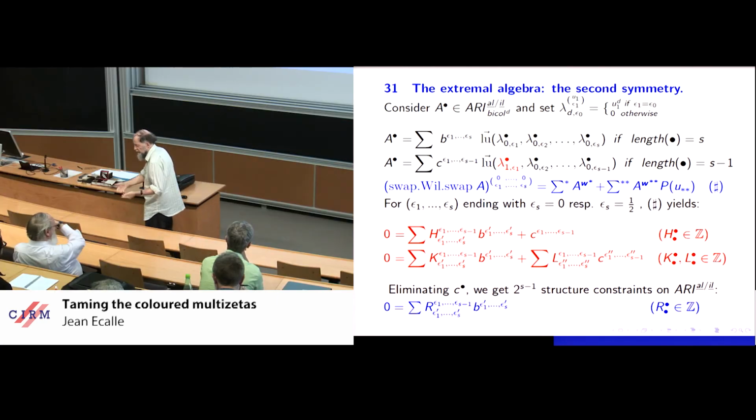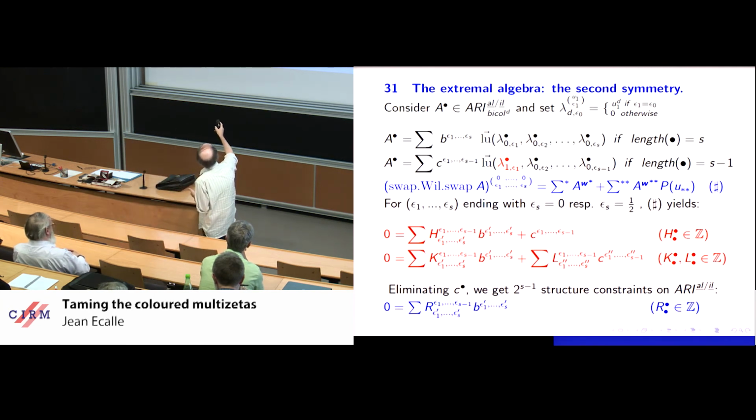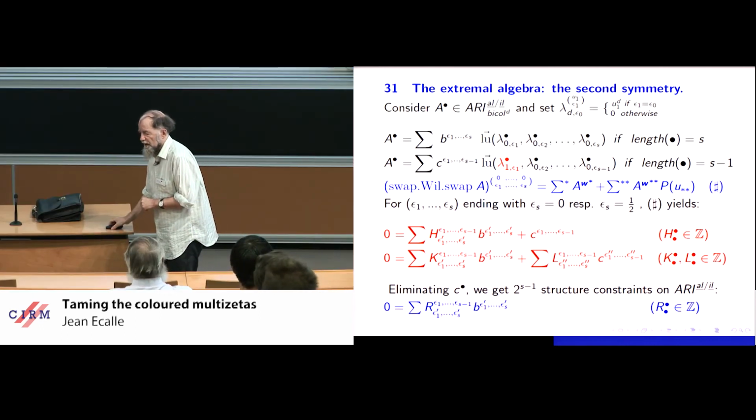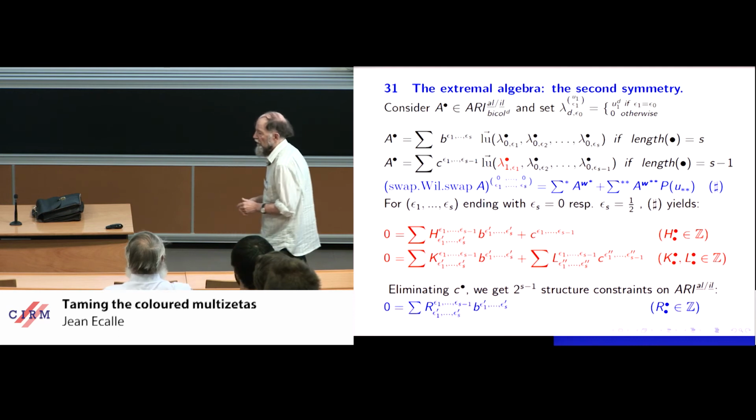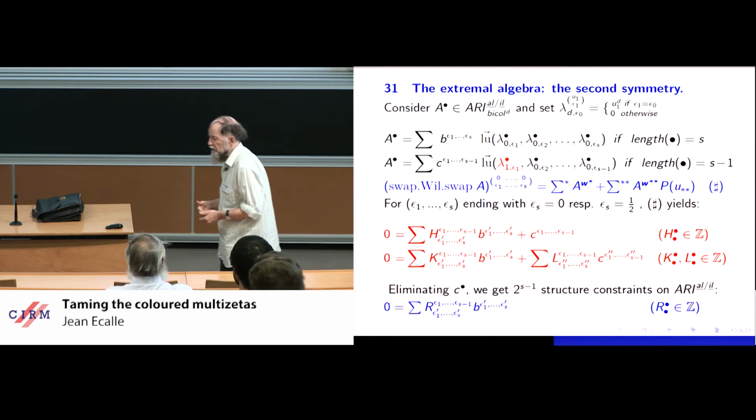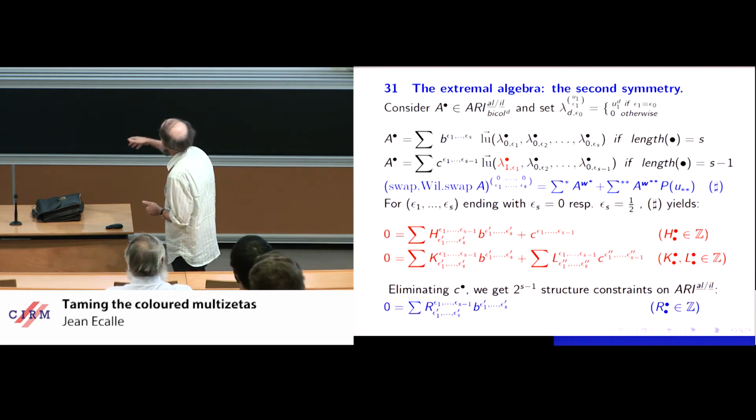You take two bases: on the first line, you have a basis of all alternals of length s and then of length s minus 1. And you write the weak alternality conditions for these two bases. And you get relations in red.